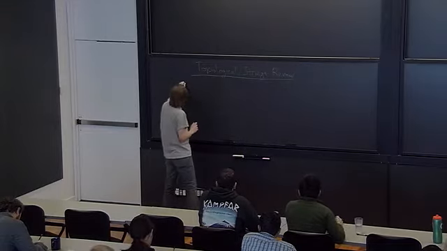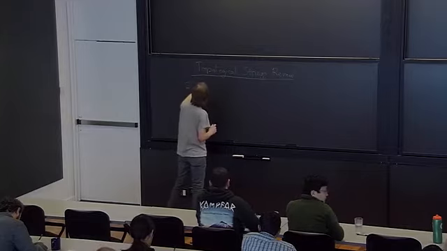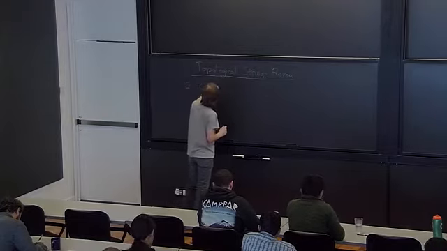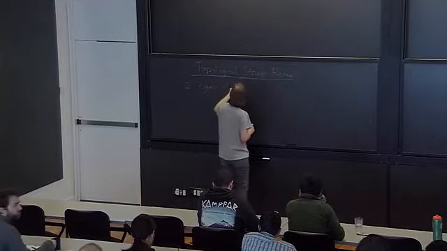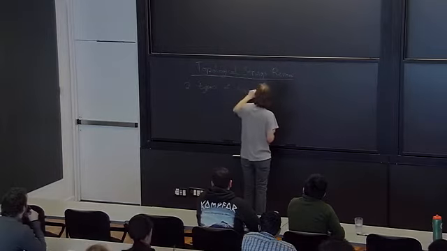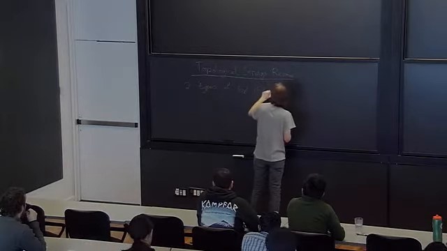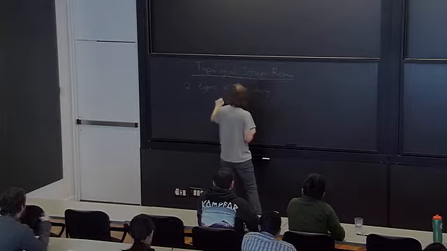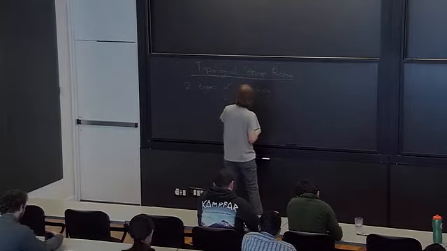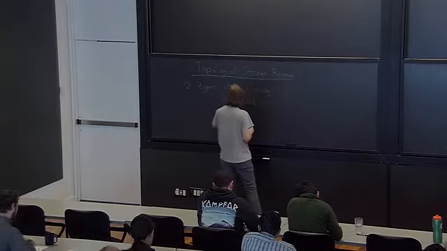So there's two essential types. They're called the A model and the B model.